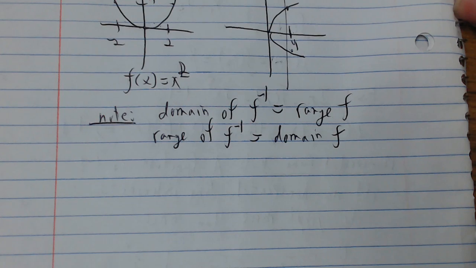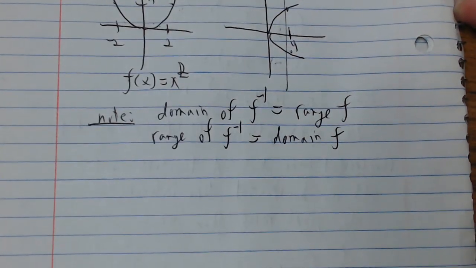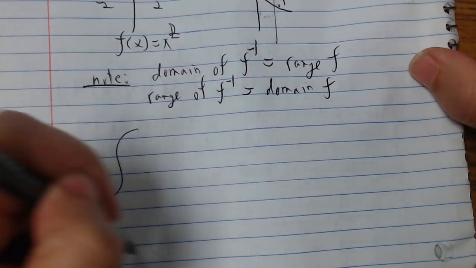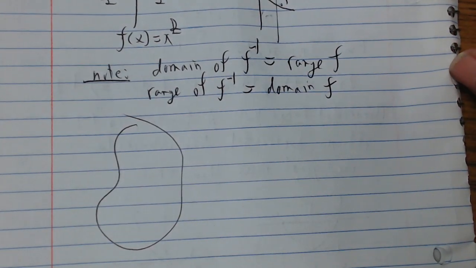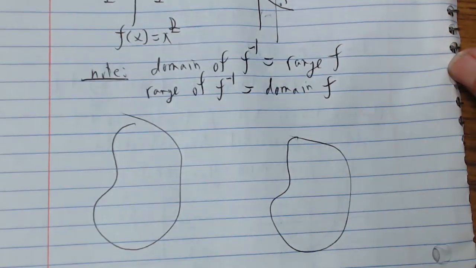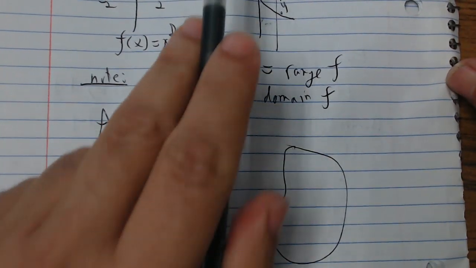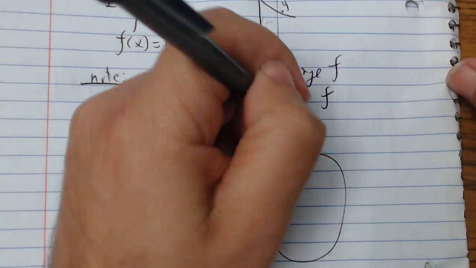That's what all of this definition is saying. Now, usually I draw this visual with a couple of blobs, and so don't pay attention to the blobs. Pretend that this is the set A in our definition. Remember how we said f has a domain of A, and this is the set B.